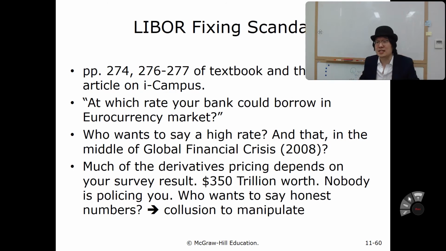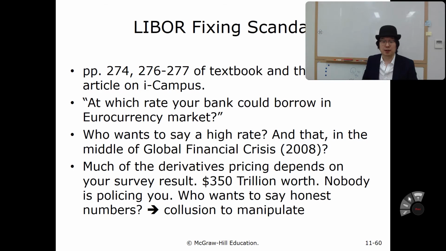But they didn't say a higher rate than in the previous period during this financial crisis. Why? Because they wanted to mislead to their advantage so that they could still borrow at a lower rate, and then keep on doing business somehow. That was the first crime, okay?